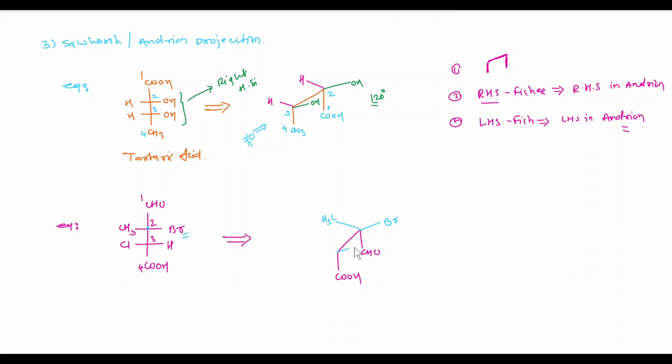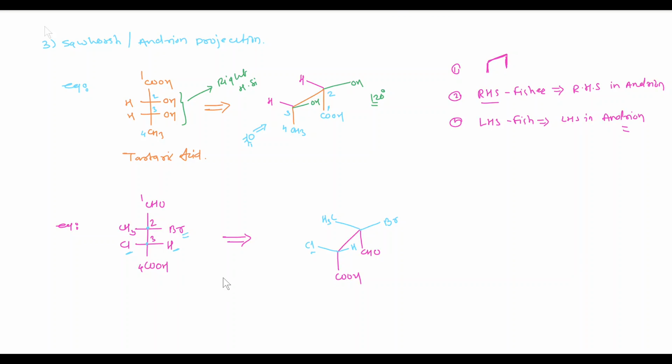Similarly, for the third chiral carbon, the substituent which is on the right hand side of the vertical line, we write on the right hand side in the Sawhorse formula, and the substituent which is on the left hand side, we write on the left hand side in the Sawhorse formula. This is the simple conversion of the Fischer projection formula into the Sawhorse formula.